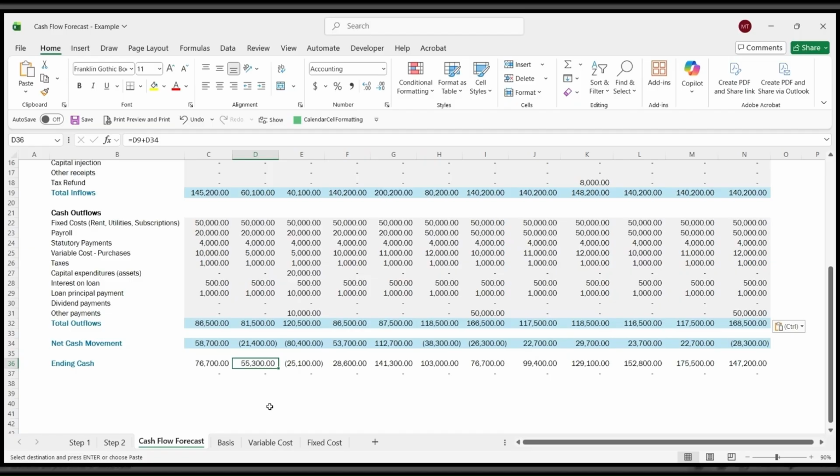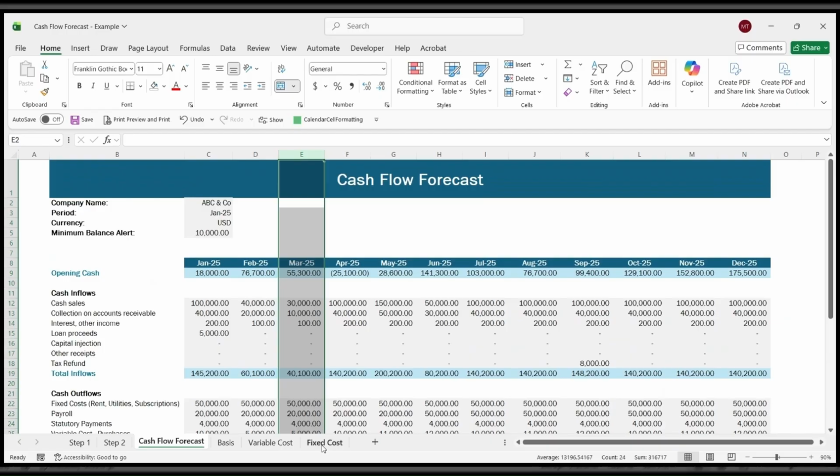Let's look at another example that has a negative ending cash. Let's say in March 2025, the cash sales and customer collections still remain low, and we have a total inflow of $40,000.